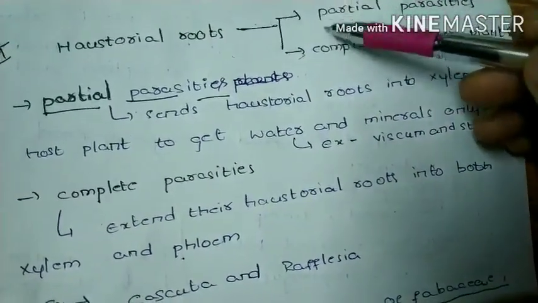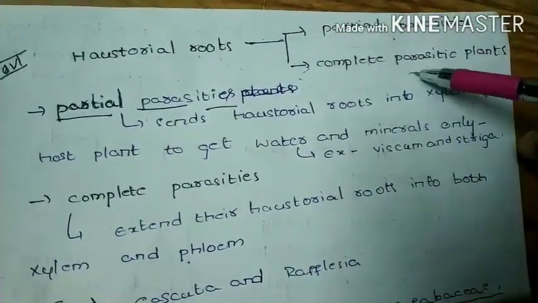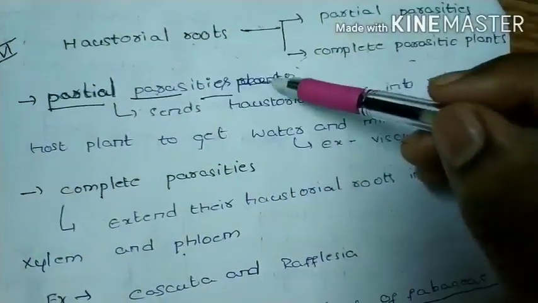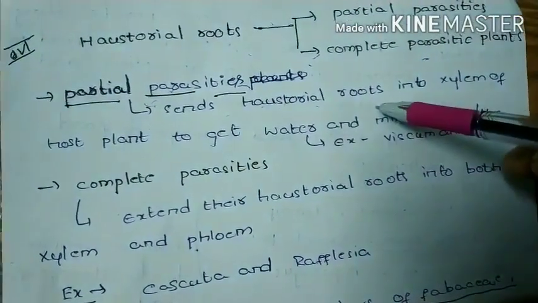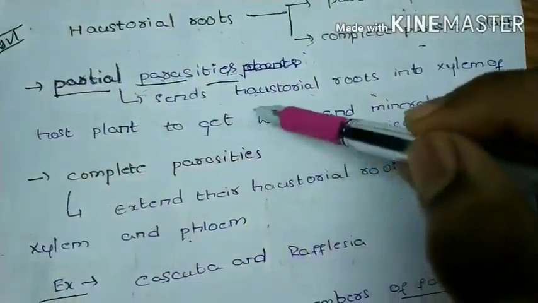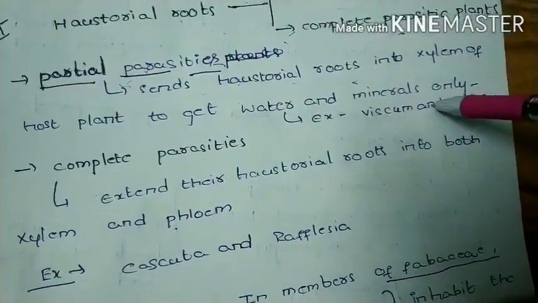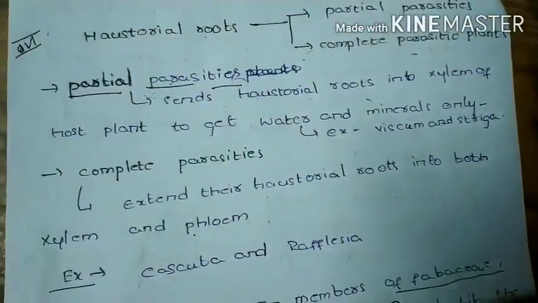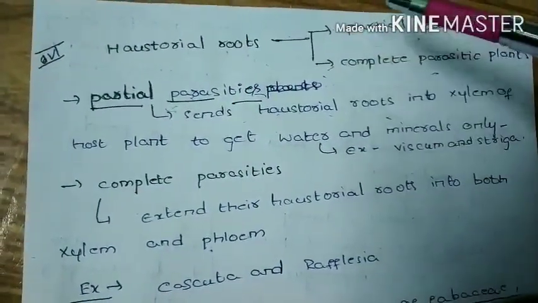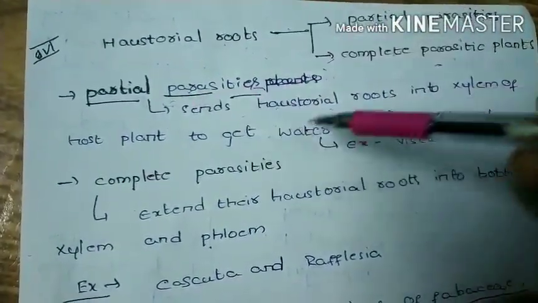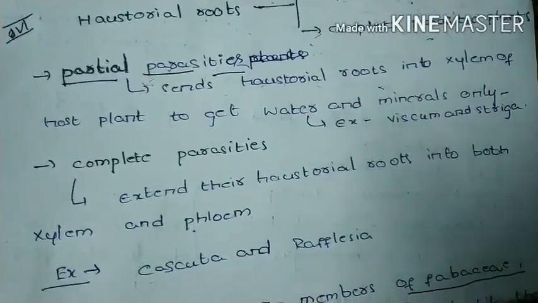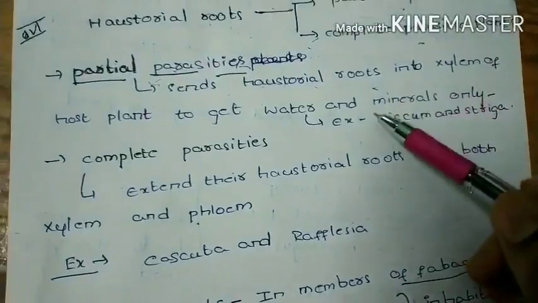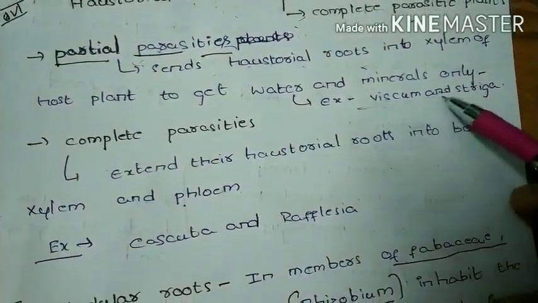One is partial parasite and the other is complete parasite. What is meant by partial parasite? A partial parasite sends haustorial roots into the xylem of the host plant to get water and minerals only. Examples of partial parasites are Viscum and Striga.